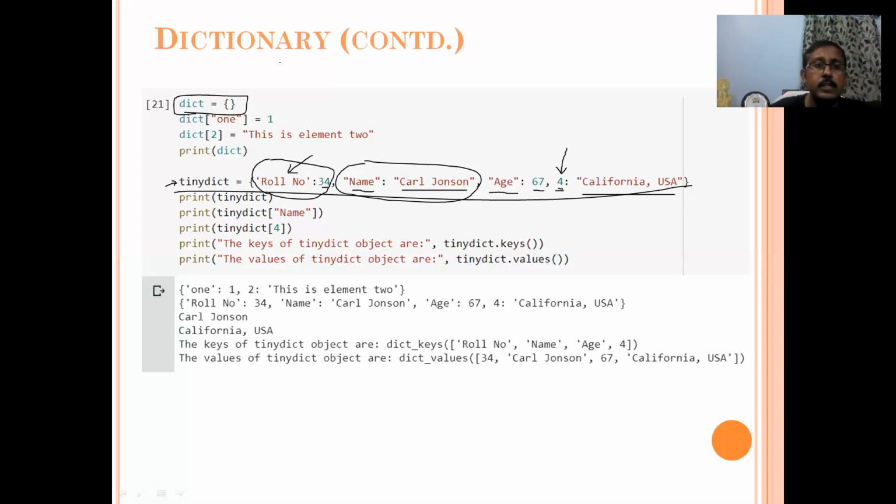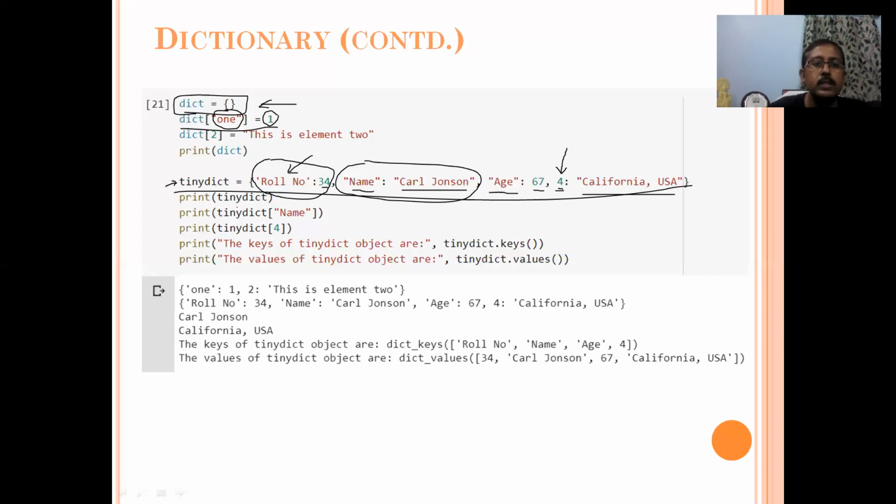Now, if I create a blank dictionary like this one, how do I add elements to it? Simple. To that dictionary object, I keep adding elements where I mention the key as the index kind of. It's not an index per se, but just an identifier, and we mention the corresponding value.